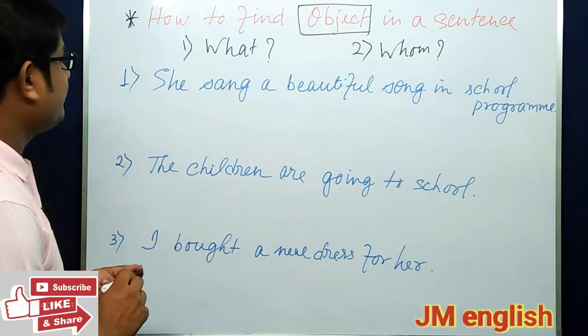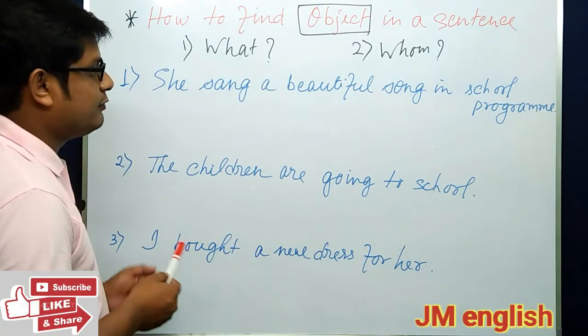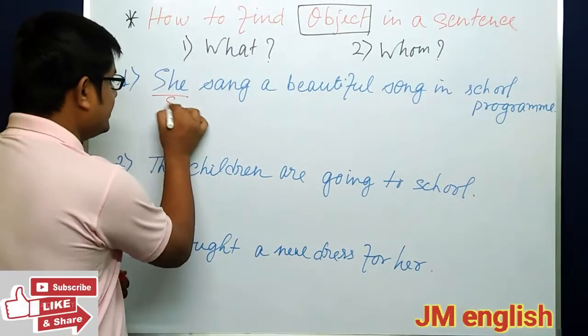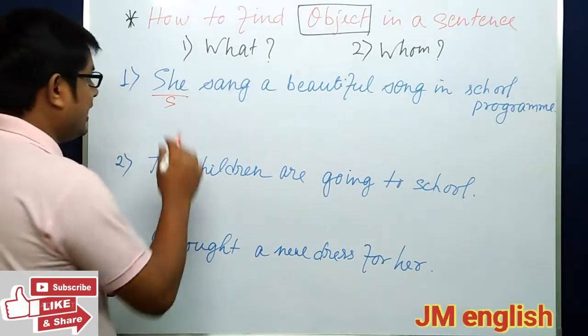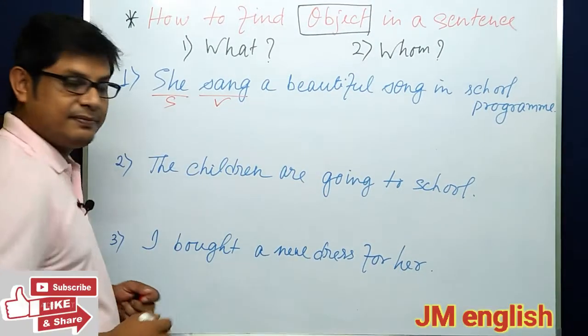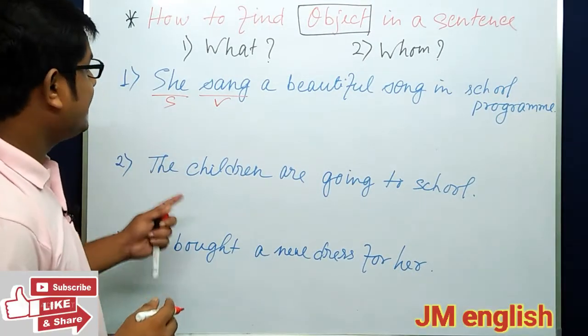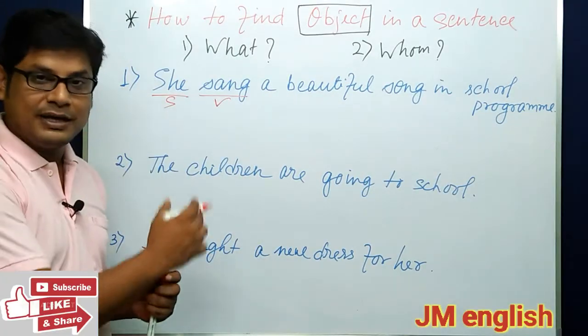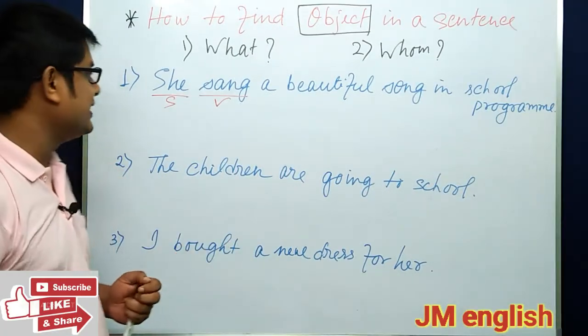See, the first one, she sang a beautiful song in school program, and she is subject, and then sang, this is verb, right? And now you have to find out the object. So you may know the answer, but let's see how to find it easily.